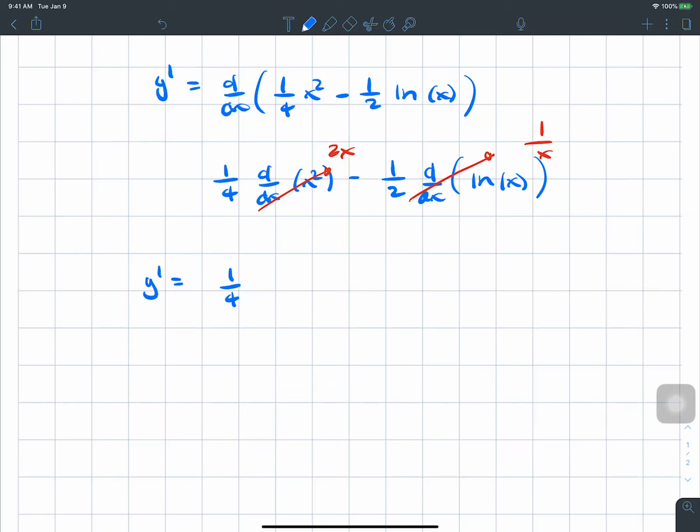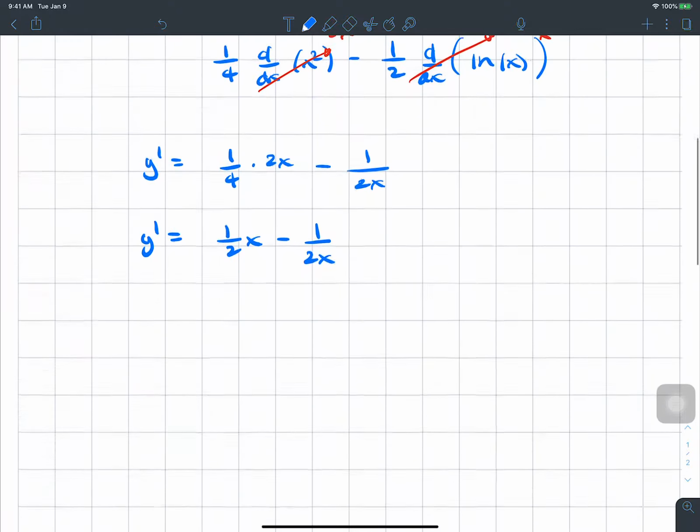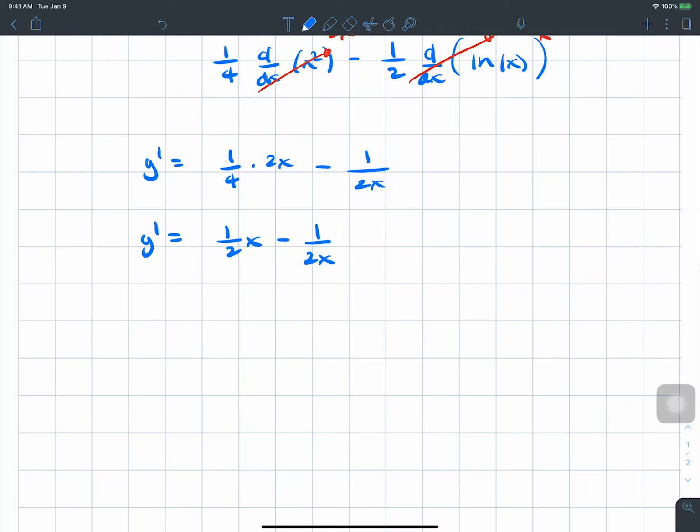So we get 1/4 times that 2x minus 1 over 2x, and your derivative is going to become 1/2 x minus 1 over 2x. That's your first derivative, and I'm going to say keep this in mind.